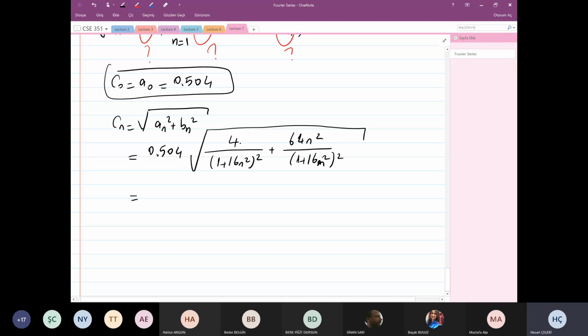And if you reorganize this, the result is going to be 0.504 times 2 over the square root of 1 plus 16n squared.